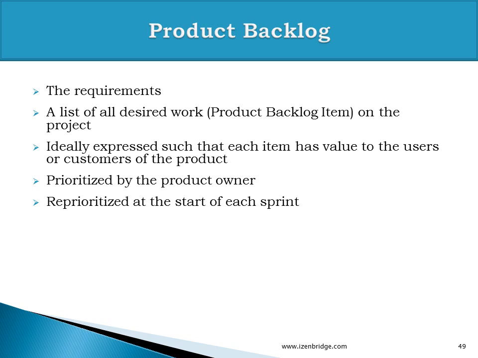We do not divide the work into tasks, but we always focus on features which give a benefit or some output to the end user or purchaser. Product backlog is prioritized by the product owner, and it gets reprioritized at the start of each sprint. During the sprint also the product backlog keeps getting prioritized, and the product owner presents the prioritized product backlog to the team at the beginning of the sprint, during the sprint planning meeting.